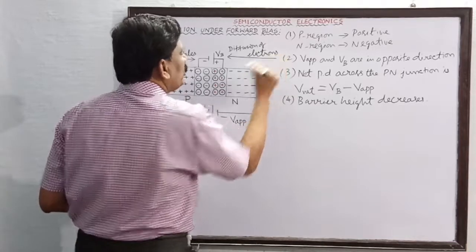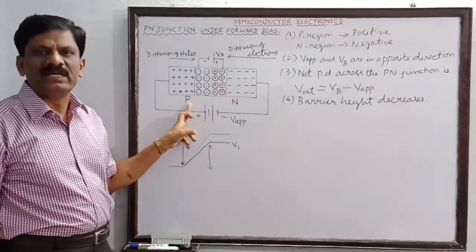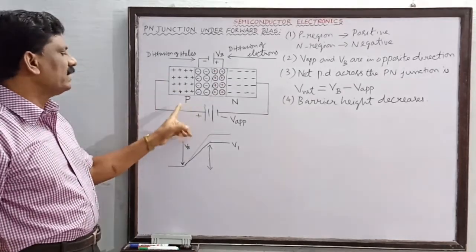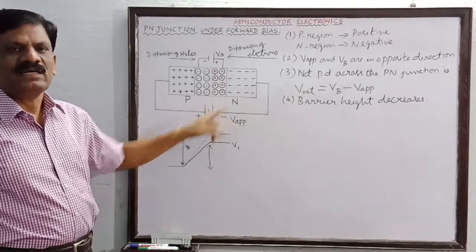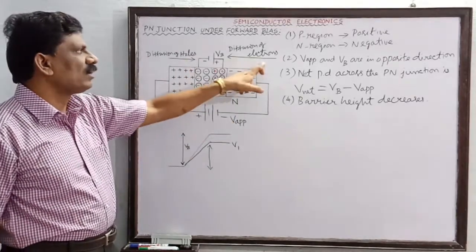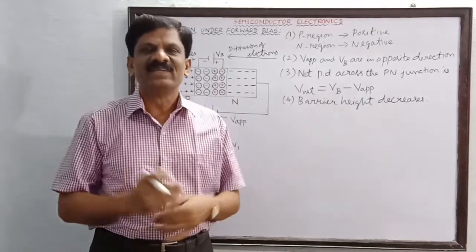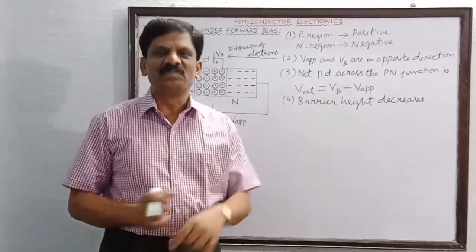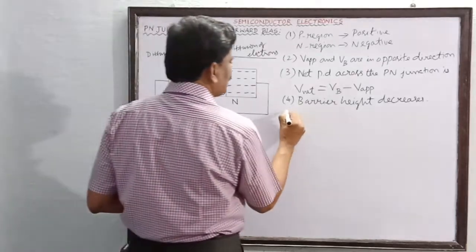From which region into which region? The electrons diffuse from the N region into the P region, and the holes diffuse in which direction? From the P region into the N region. But you see that the diffusion of holes and electrons are directed towards the PN junction, but in opposite directions. So that will be the next summary of points.